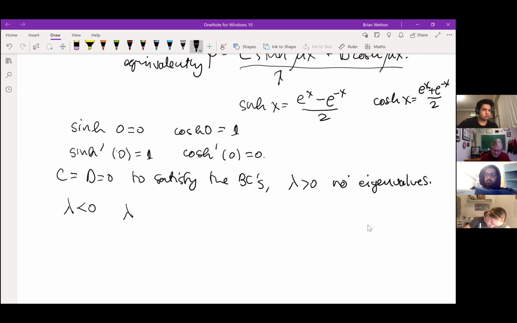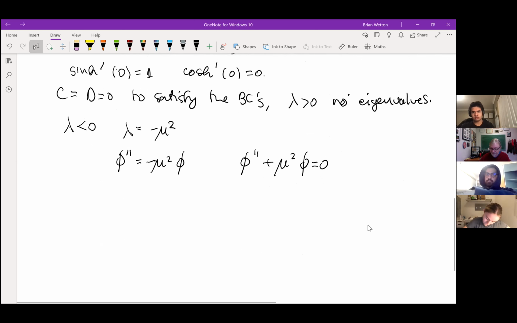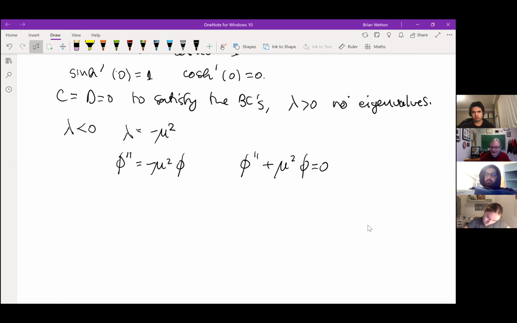So again, it's convenient in this case to say it's going to be minus mu squared. Right, so I'm going to have phi double prime is minus mu squared phi. That's phi double prime plus mu squared phi is 0. Now I'm going to do the same e to the rx solutions, and I'm going to get r squared plus mu squared is 0.